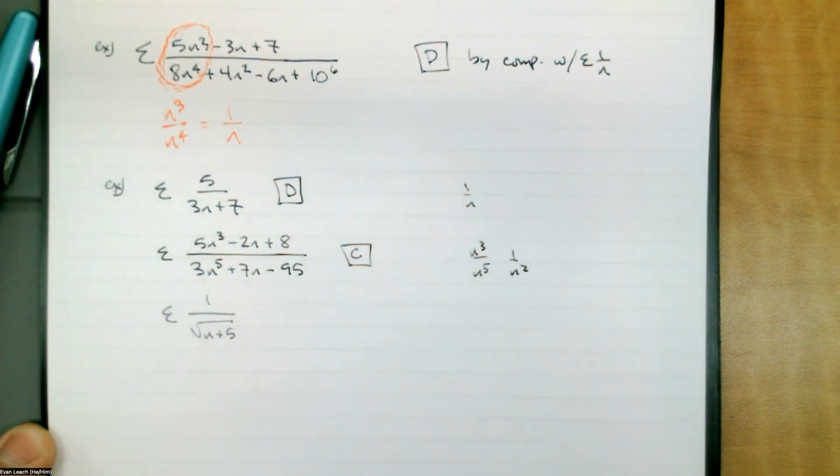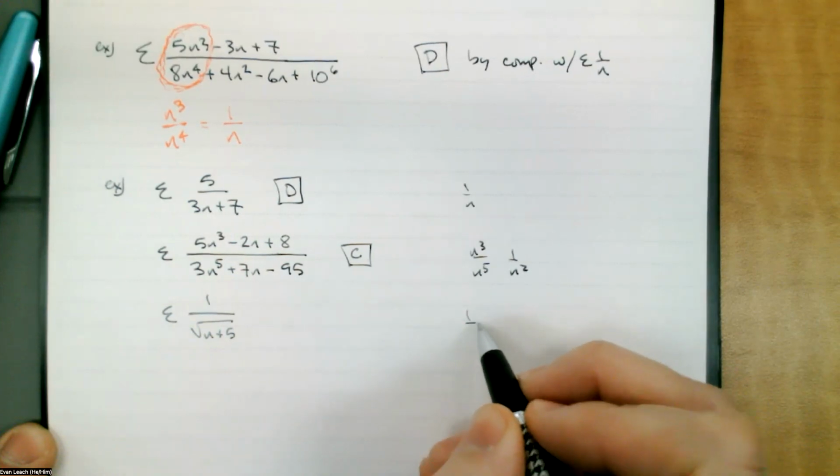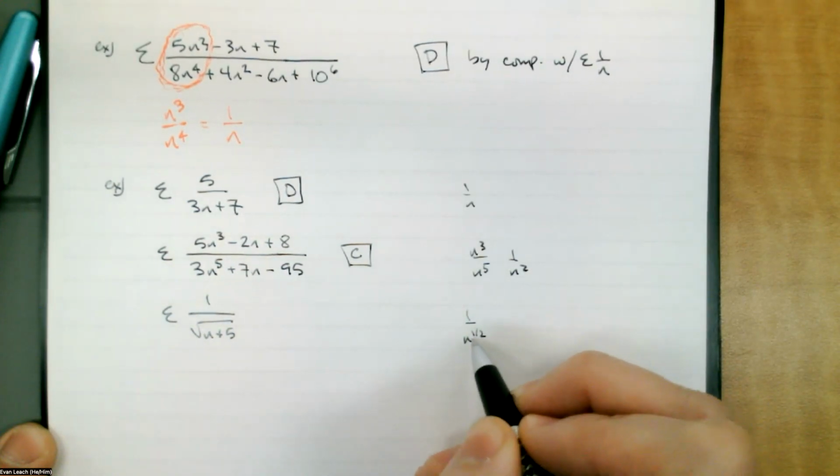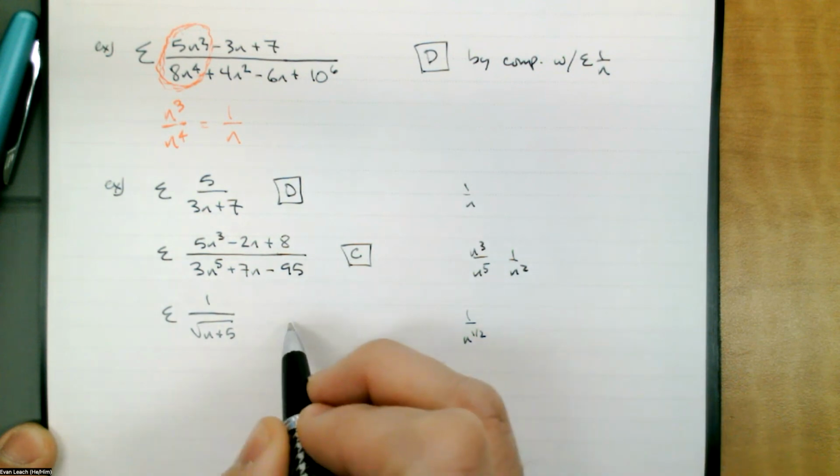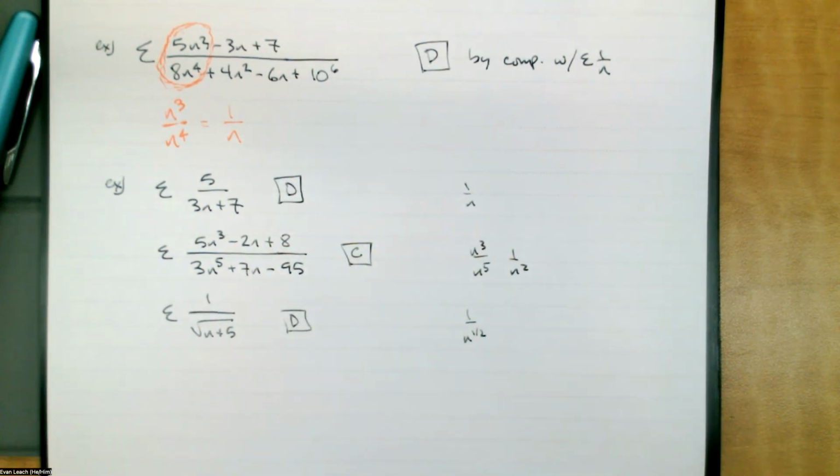Converges or diverges? What's the power on the n? N to the 1/2, and 1/2 is less than 1, so diverges.